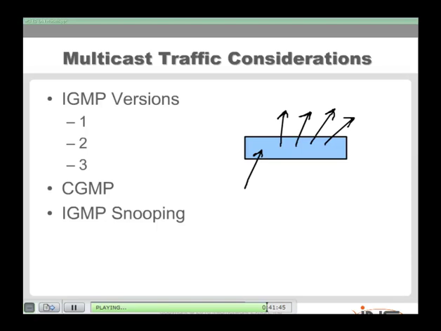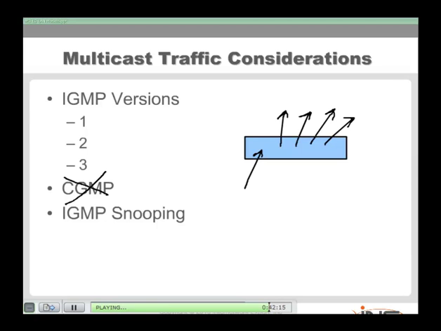How can we make the switch respond? How can we make it control much better the forwarding of the multicast traffic? Well, you've got two options. One is quickly fading out of utilization. Cisco is trying to kill it. It's a Cisco invention called the Cisco Group Management Protocol, CGMP.